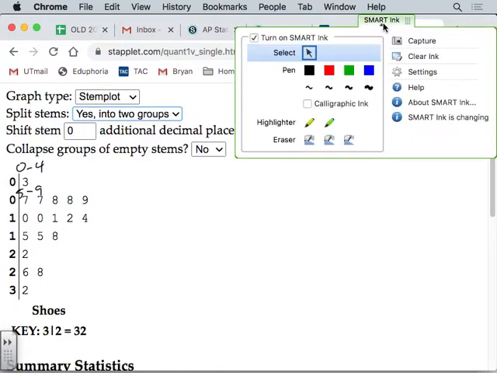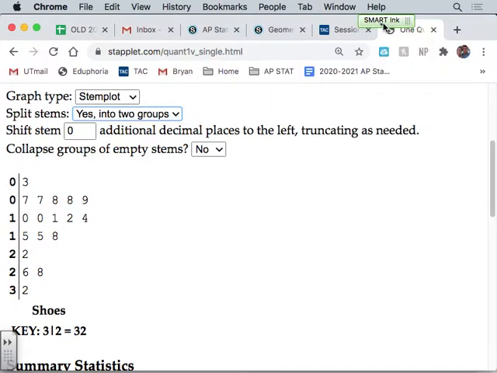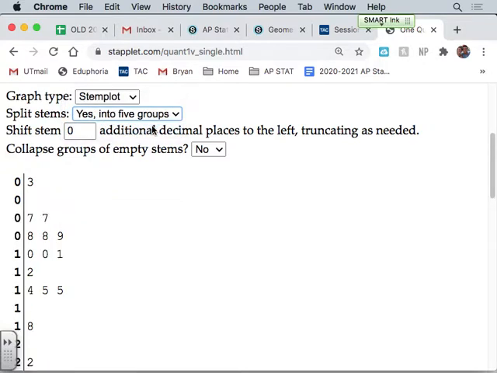Another important note is if I split it into 5 groups, you can see right here there was nothing, and that's okay. I need to put that. When I split it that much, if there's no value in there, I still need to put that grouping and just put nothing there because it's showing that gap.